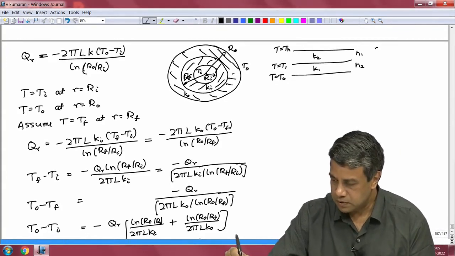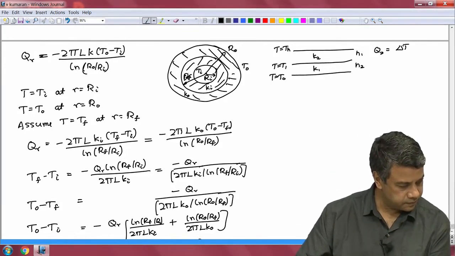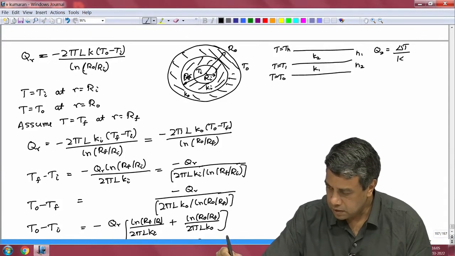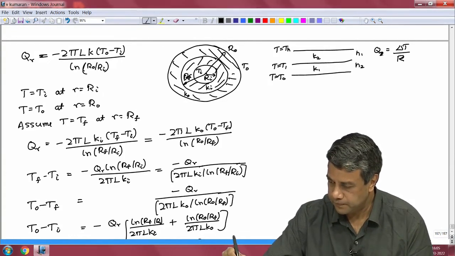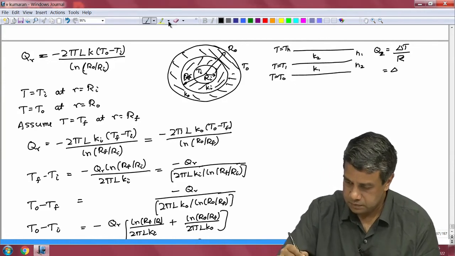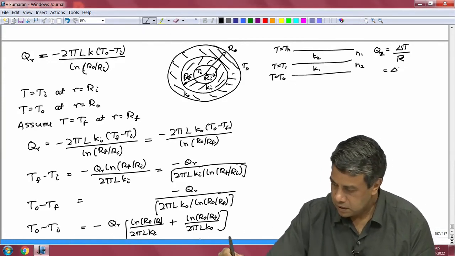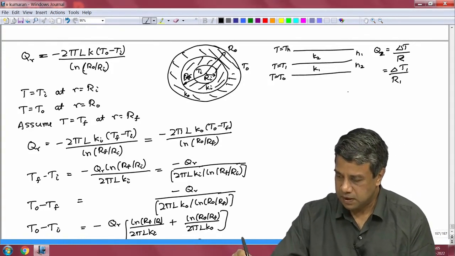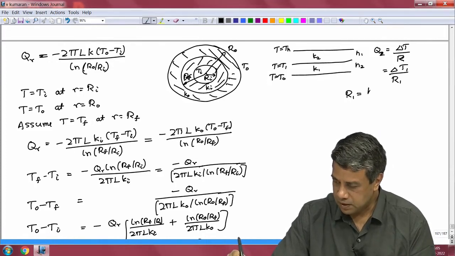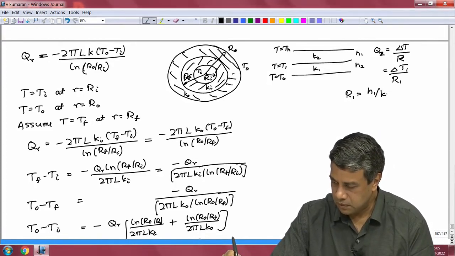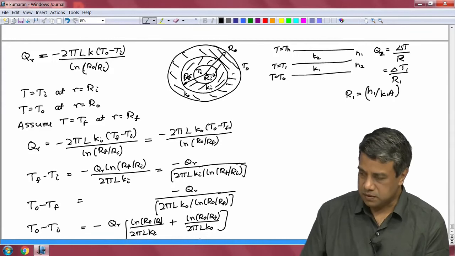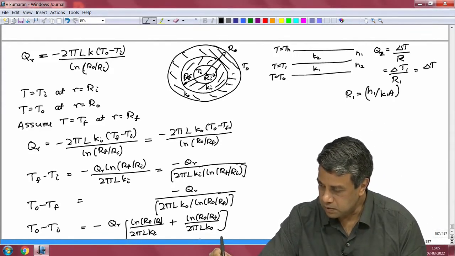So, Qz in that case was equal to delta T divided by R, which is equal to delta T1 by the resistance for the first surface R1, where R1 was equal to H1 by K1 A, the heat transfer resistance. This was also equal to delta T2 by R2.